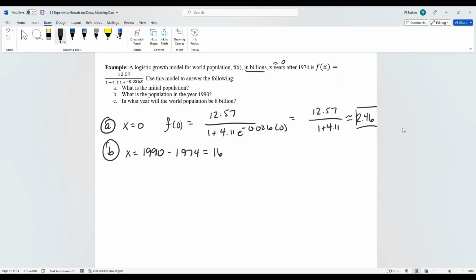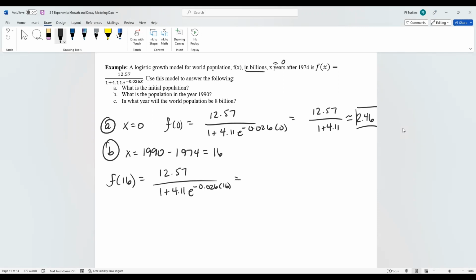So we're plugging in x equals 16 now, and then just calculating that value. So nothing too special here. The first one was even nicer than the one we're doing now, because we just plugged in 0.